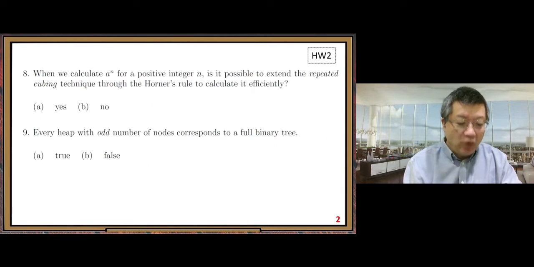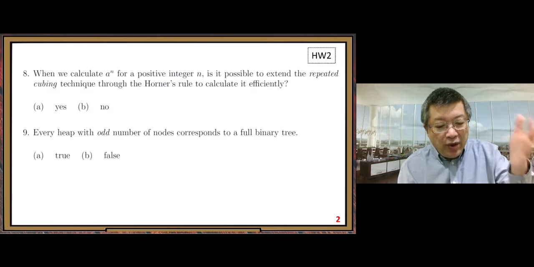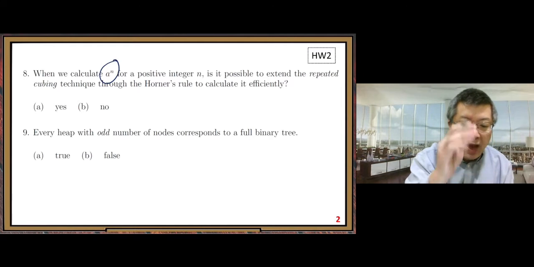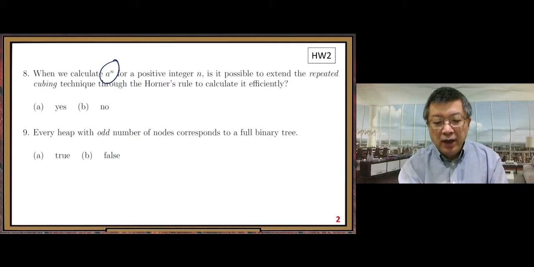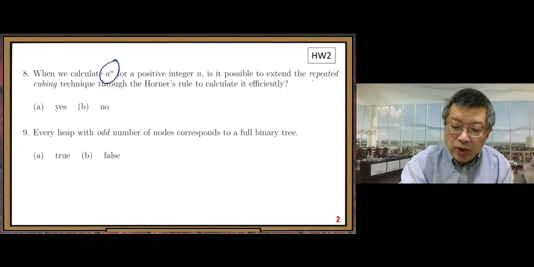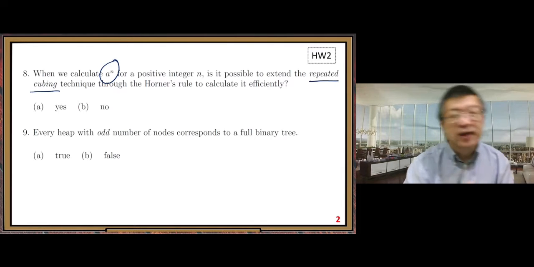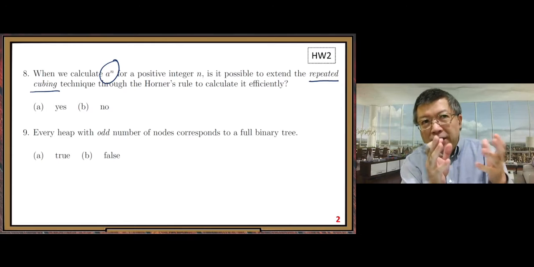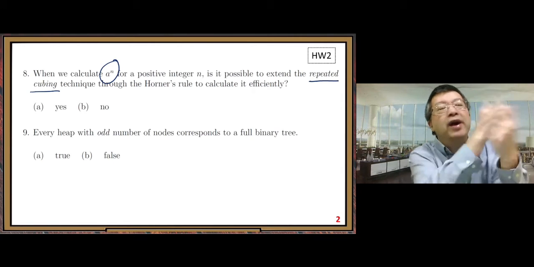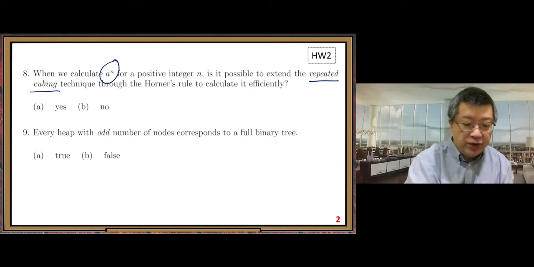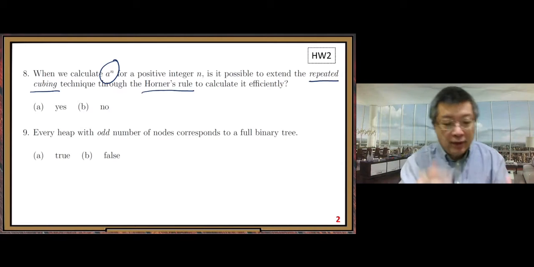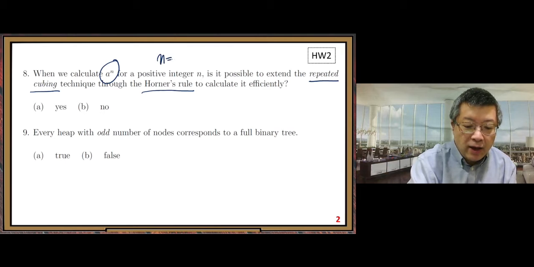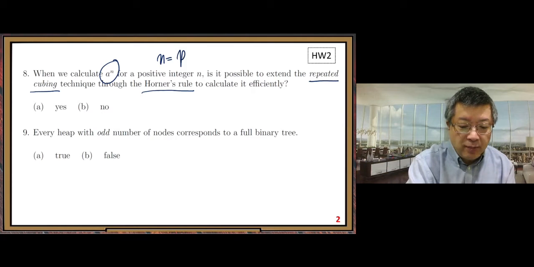Next question, number 8. When we calculate a to the nth, this power function for a positive integer n, is it possible to extend repeated cubing? We did study repeated squaring, right? Repeated squaring, we use Horner's rule. We represent n using a polynomial.